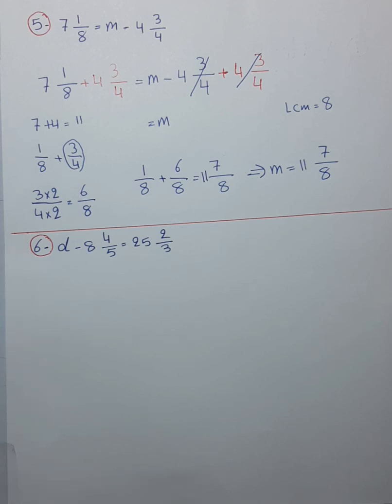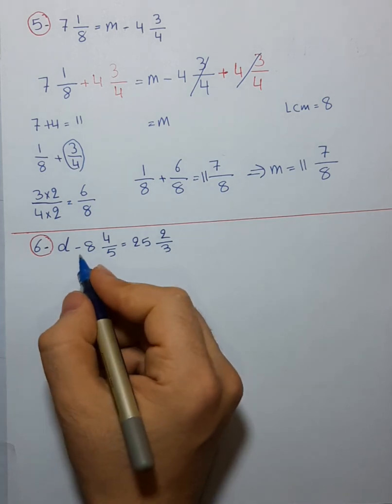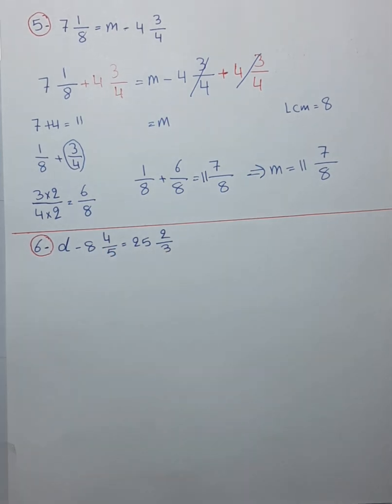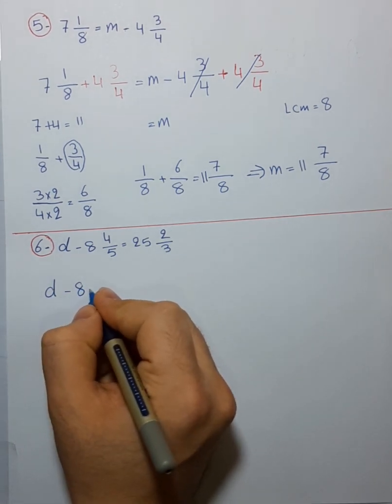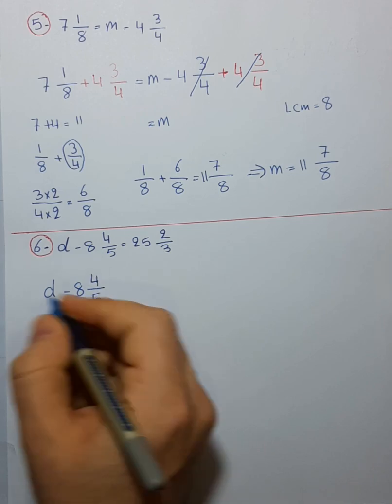Example number 6, we have d minus 8 and 4 out of 5 equal to 25 and 2 out of 3. We have to take the inverse of negative 8 and 4 out of 5 for both sides. d minus 8 and 4 out of 5.